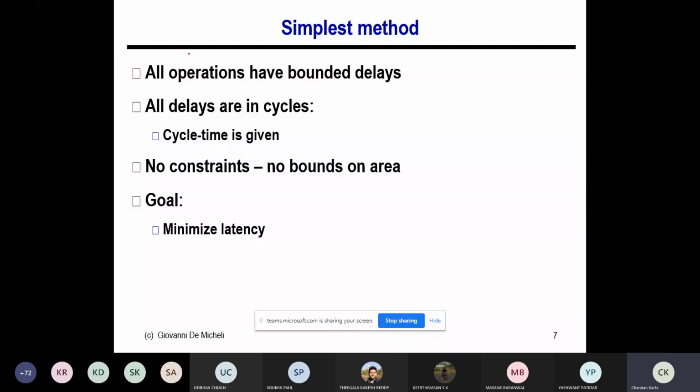So under this unconstrained scheduling, there is no bound on the area, so you make sure that you satisfy all your dependency constraints, and then your latency will be minimum. Okay, so that is the simplest way of thinking about scheduling, and it is called unconstrained scheduling. Okay.